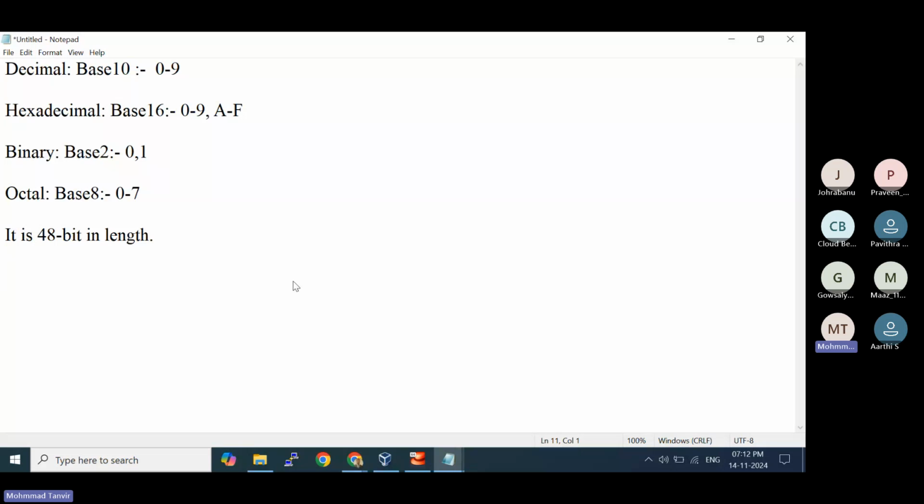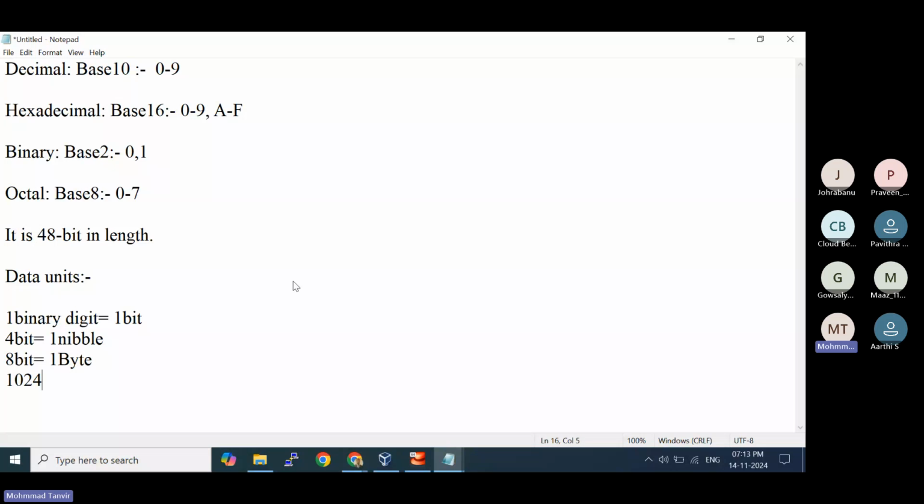Let us see the data units. What are the data units we have? In a computer system, you know very well we use binary, either 0 or 1. One binary digit equals 1 bit. Similarly, 4 bits equal 1 nibble, and 8 bits equal 1 byte.